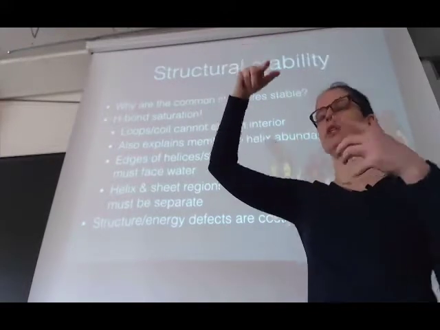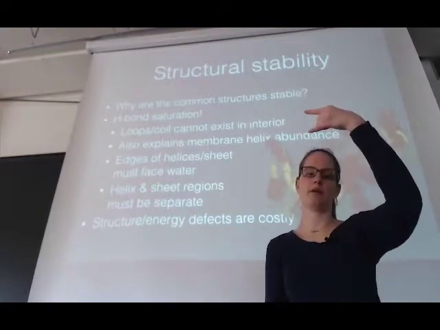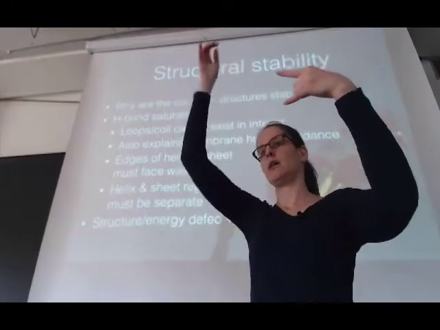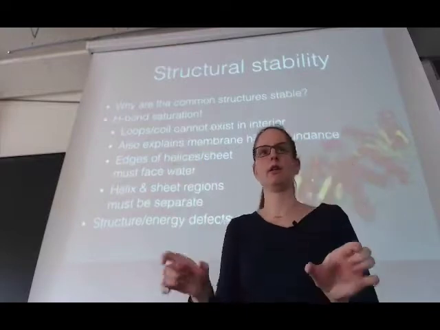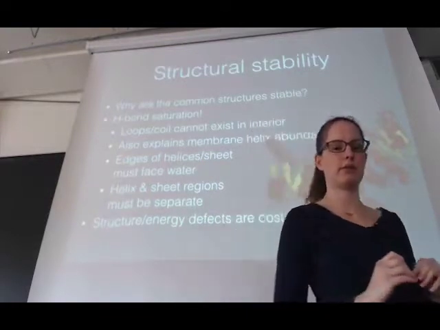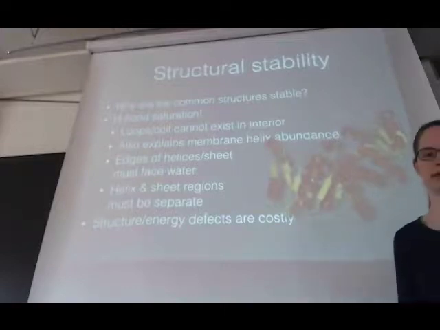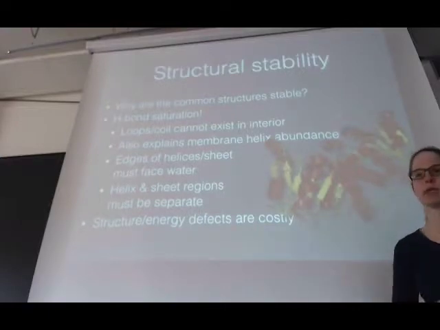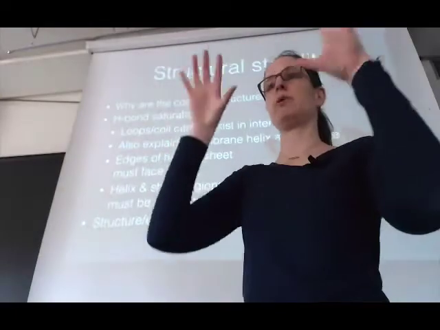Or in a beta sheet, a straight strand with the polar groups from the backbone pointing one way, and then another strand coming down and hydrogen bonds forming from adjacent strands. Does that sound familiar? So this is the basic reason for structural stability. And this means that loops and coils cannot exist inside of the protein because they have hydrogen bonds that are exposed, right?